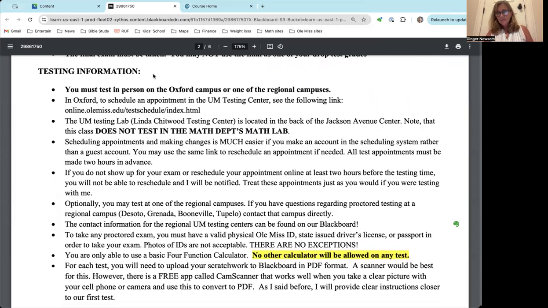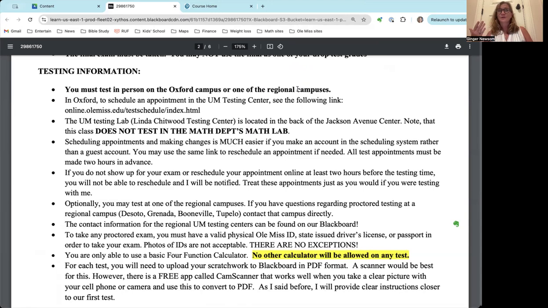Okay, in the syllabus, this is the testing information. Let me just highlight a little bit about it. You definitely want to read it, and I have a whole section on Blackboard about it. But we're going to test in the testing center here in Oxford, or they have, I think, 4 regional campuses. So if you're not in Oxford, maybe you're in Tupelo.